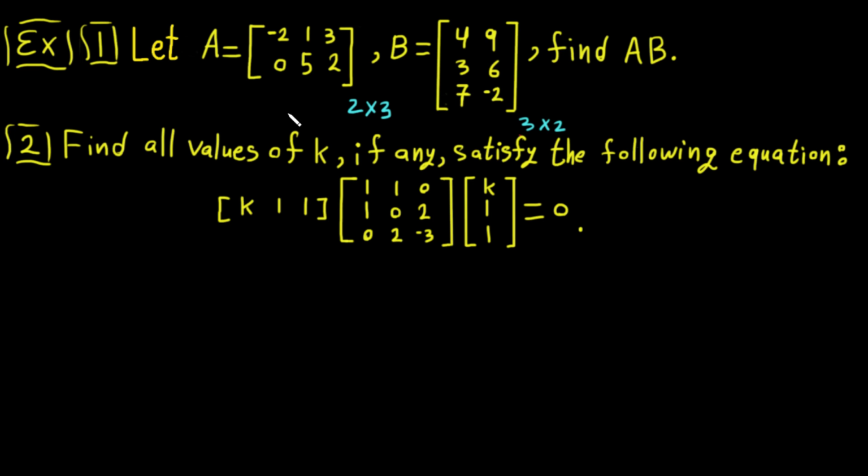Since these numbers are equal, then you can find AB. Since we are finding AB, the size of AB will be 2 by 2. So this is how we can decide if we can find AB or not.